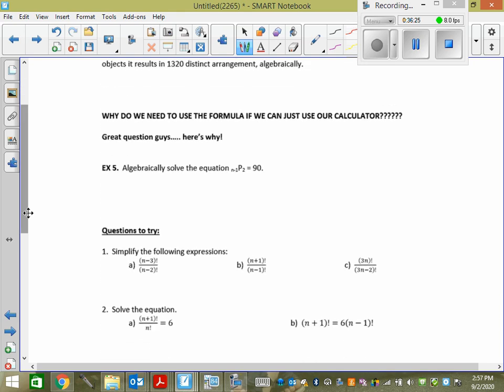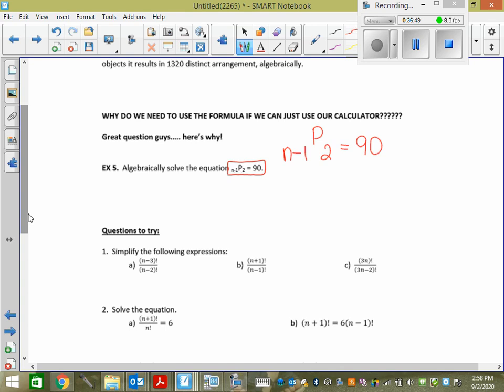So algebraically solve this equation. So say you were given this equation. It is n minus 1 P2 equals 90. The only thing you can do with that is put it into the formula.